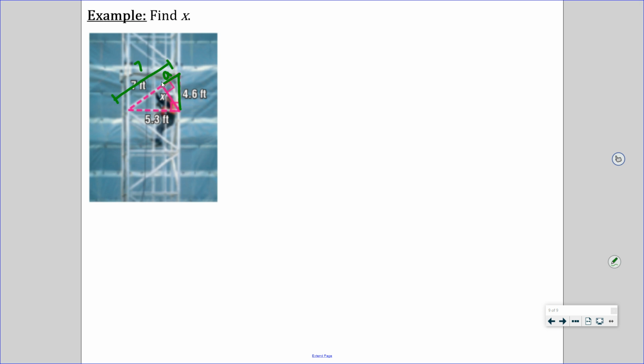So I could set up my geometric mean for the legs, that the leg is the geometric mean of the entire hypotenuse, which is 7, and that little segment, which I called A, that's adjacent to that leg. I could figure out what A is by squaring both sides. 4.6 squared is 21.16.